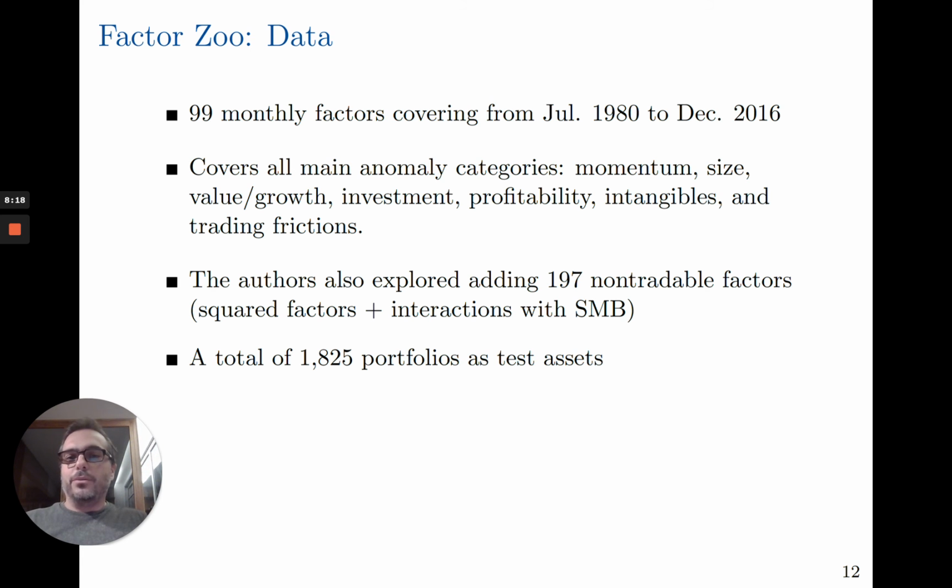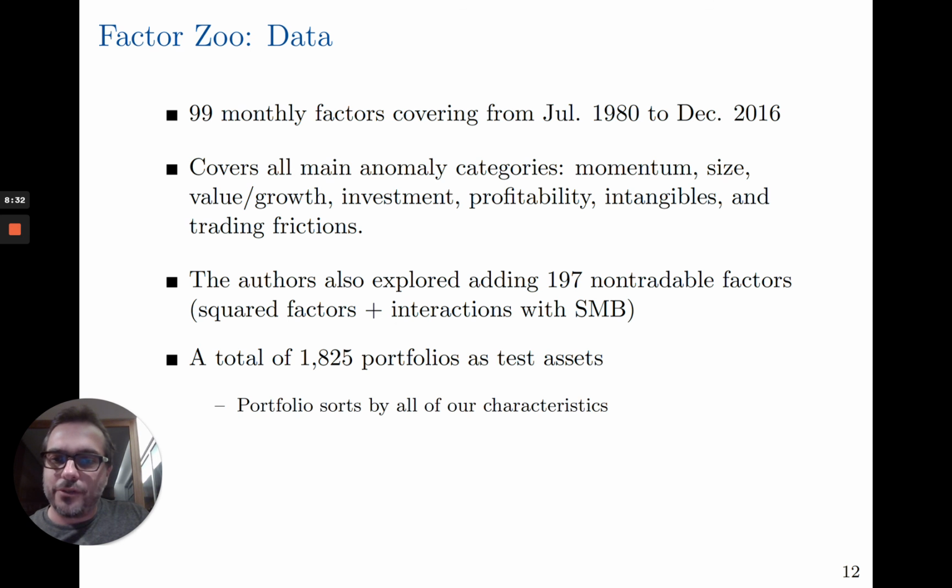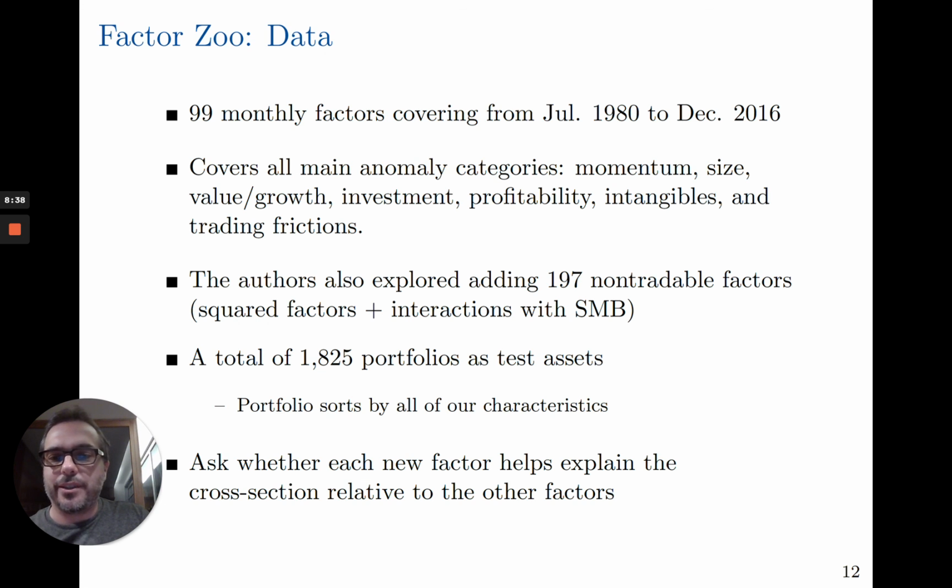They have 1,825 portfolios as test assets. So they're not looking at specific assets, but at the relevance of factors on these test portfolios, which are sorted by all characteristics. So the question is, does a new factor help?